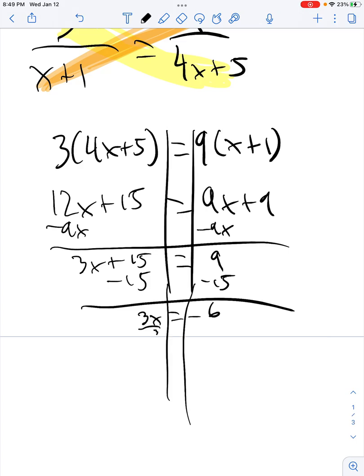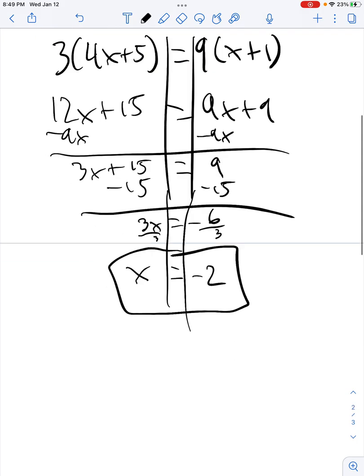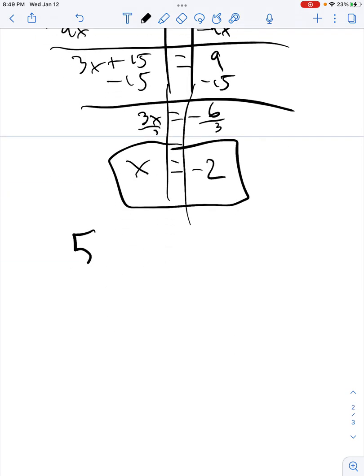And when you divide by 3 on both sides, you get x equals negative 2. So cross multiplying, again, very effective when you have an x on both sides of your equal signs. Doesn't necessarily have to be that way.